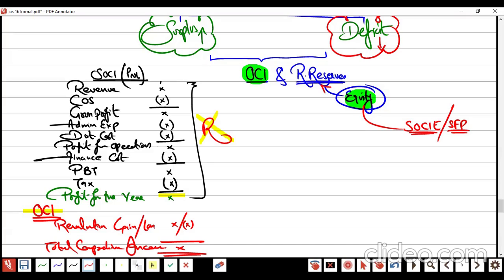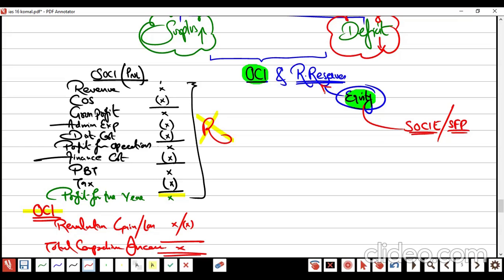This is the journal theory. In one liner, I can say revaluation is the upward or downward change in the fair value of an asset, and it can never be recorded in the income statement or profit and loss. It is going to be part of OCI and equity. What is OCI?